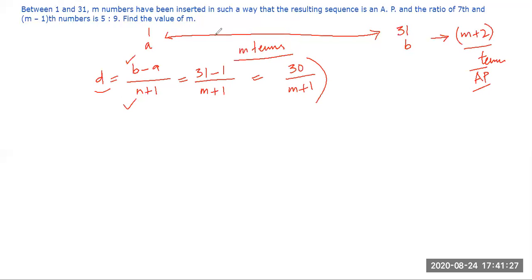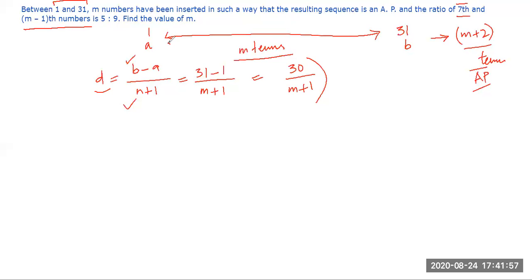Now there can be a confusion students normally make. He says these are the numbers 1 and 31, and M numbers have been inserted between them in such a way that the resulting sequence is an AP. The ratio of the 7th and m minus 1th number. So basically, he's not talking about the 7th number of the AP. He is talking about the 7th number from here.